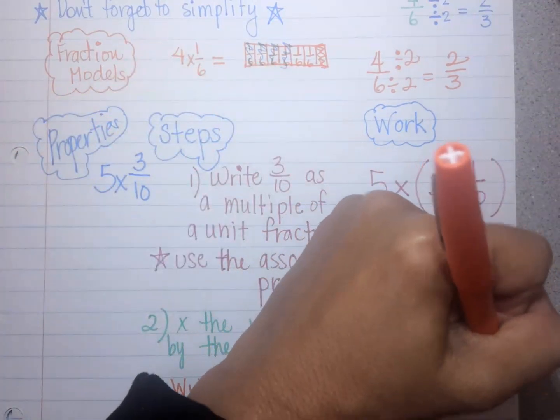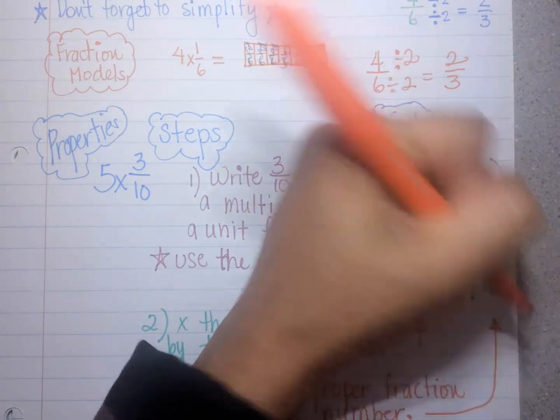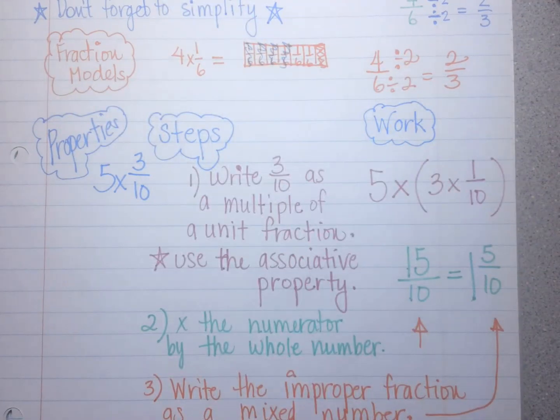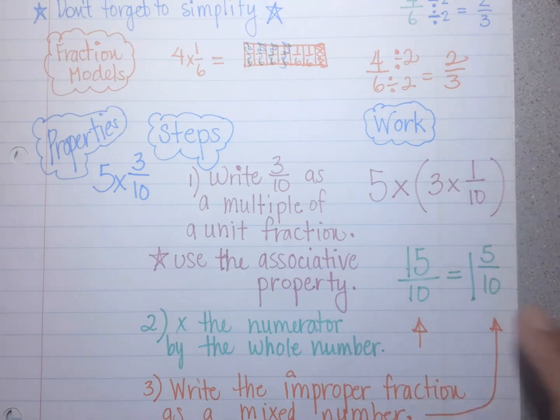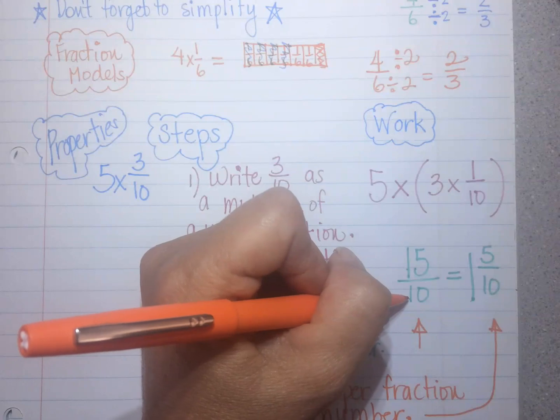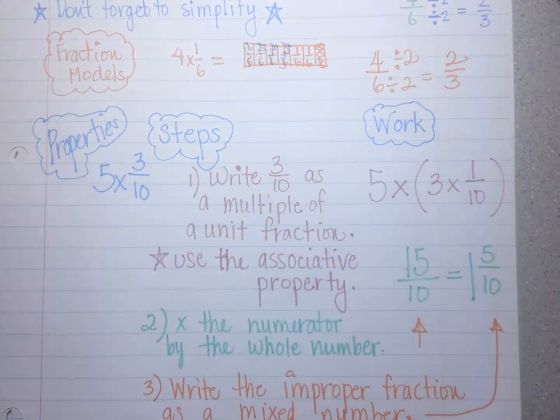And you know from those lessons that you can't leave an improper fraction, and the way to make it a mixed number is to divide by asking how many times does this number fit into that number.